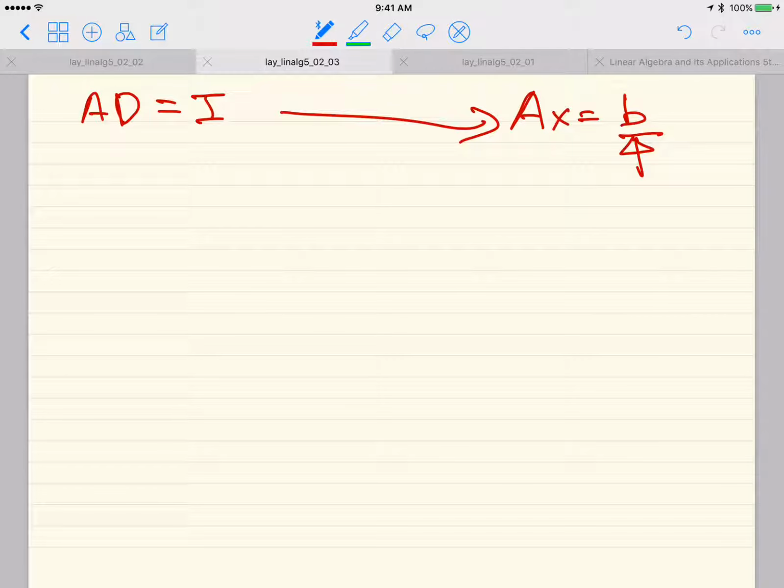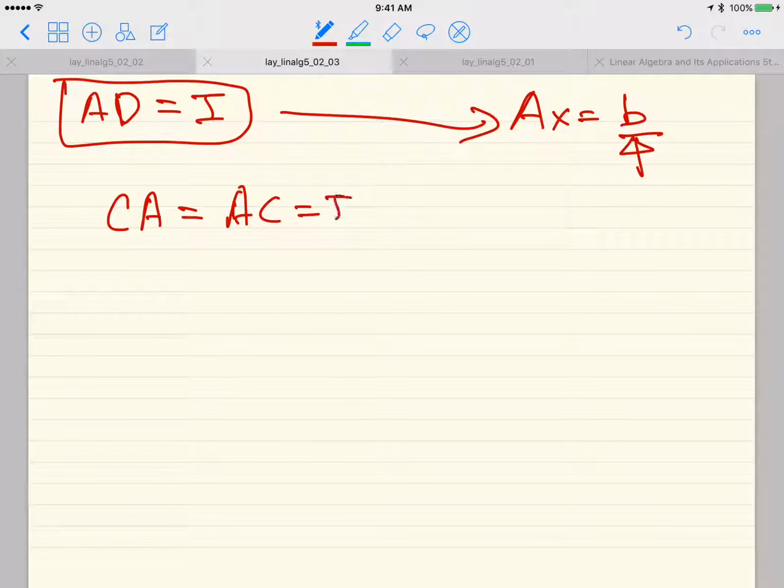How can we prove that? X equals A inverse B. Yeah, right. Yeah, I was not clear. Yeah, that is a good point. So here we do not assume A is invertible. We only assume this relationship. Although the definition of an invertible matrix is that CA and AC equal identity, if we can find such a matrix C, then that's the definition of A being invertible, right?